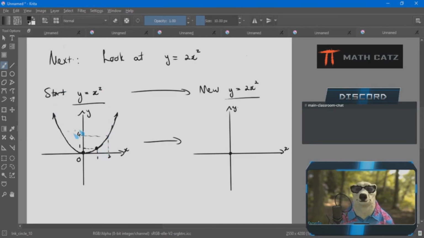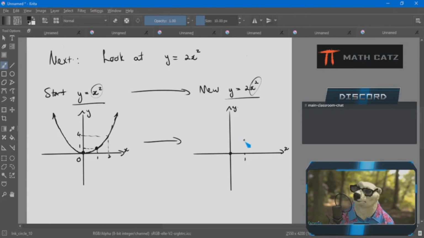To get, in the original, a y value of 1, my x value needed to be 1 on the right side. Now when x is equal to 1, I'm going to do the same thing I did originally. The right-hand side is still there, but then it's multiplied by 2.